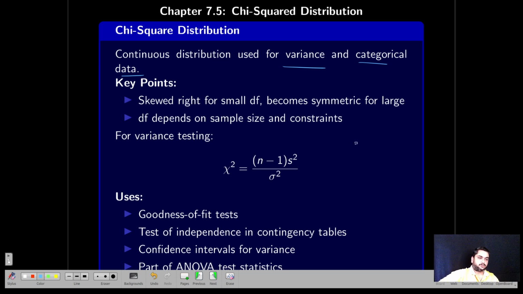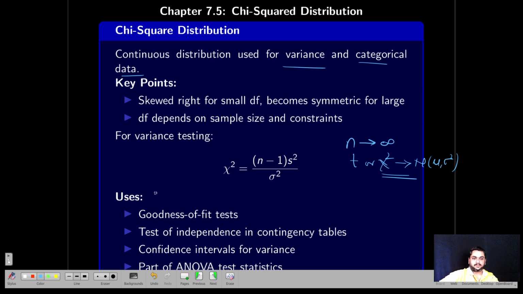Both chi-square and t distribution approach the normal distribution only when the degrees of freedom or sample size tends to infinity. The chi-square is written with the chi symbol. Chi-square tends to normal. This is the concept of the central limit theorem that I will explain in the next chapter.